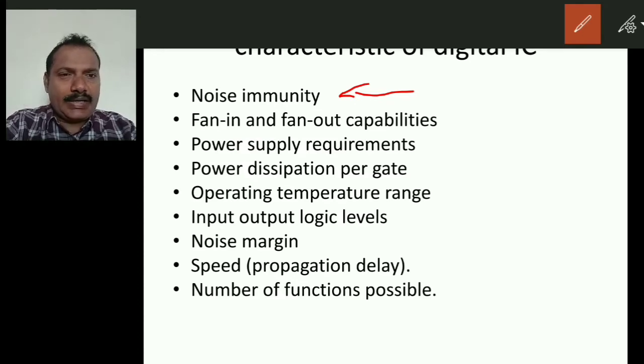And speed, that is the propagation delay, how much delay it gives in its operation. And number of functions possible, how many functions that IC can implement, that will also be another characteristic.